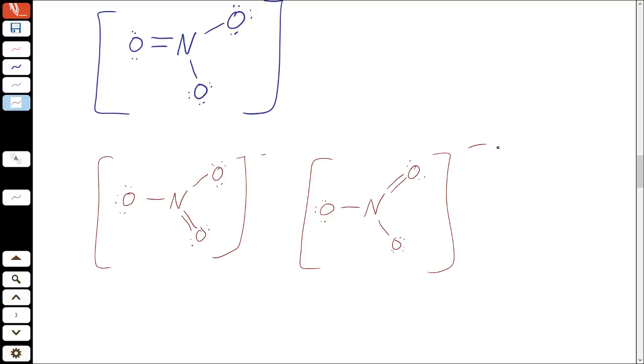And there's actually a word for this. These are different ways of arranging the electrons to still give you a correct Lewis structure, and these are called resonance forms. They're usually drawn with double-headed arrows between them. That word resonance means to oscillate, and that's kind of wrong.